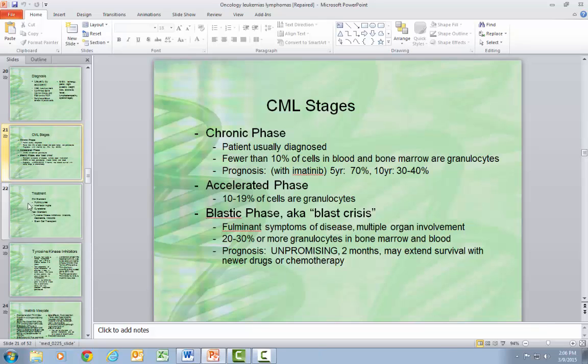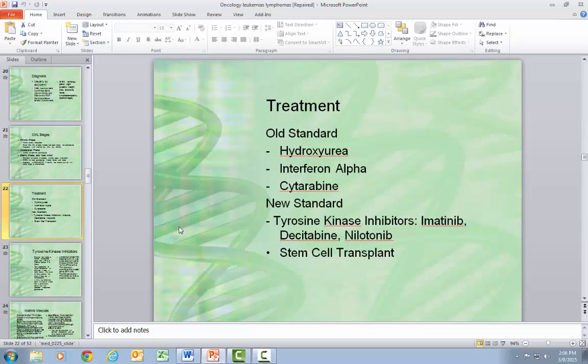Treatment, if you remember the pathophysiology, the formation of tyrosine kinase, so basically the patients would have tyrosine kinase inhibitors to try to contain the alterations of BCR and ABL gene production.